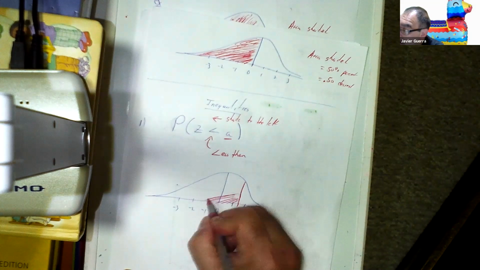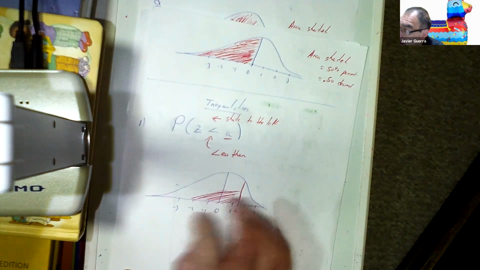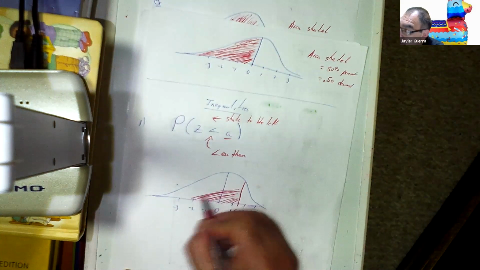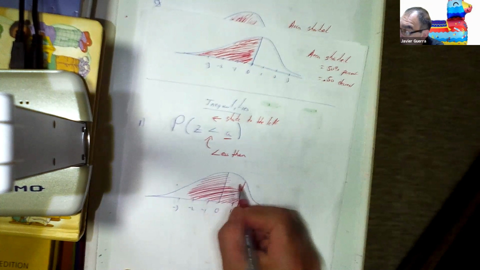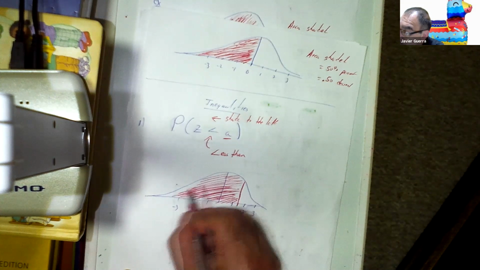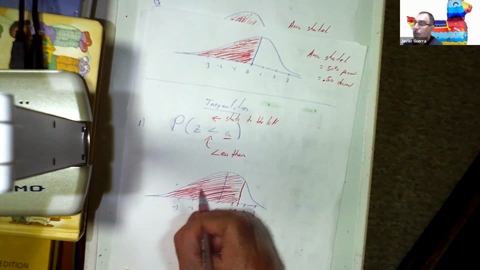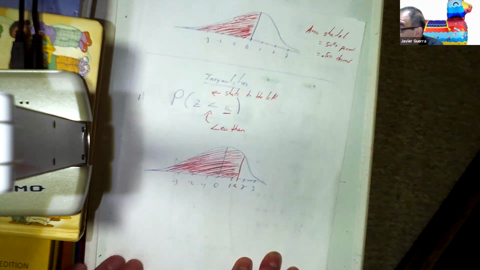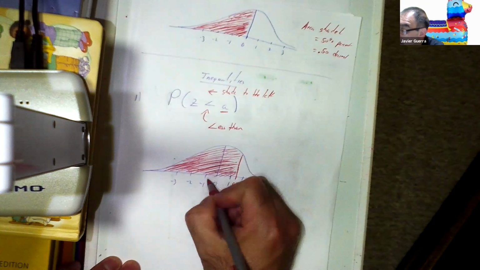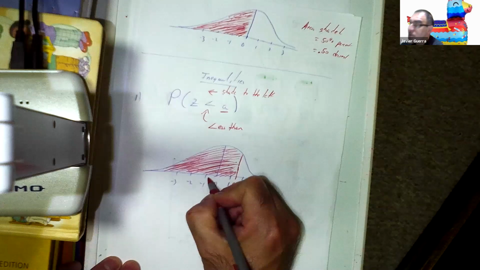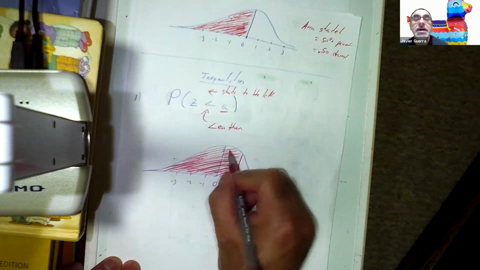Wherever A is on the Z, you plot it, draw a line upward, and then shade that region. Again, if A is negative, you would draw your line there and then shade that one. So that's how you shade a less than.